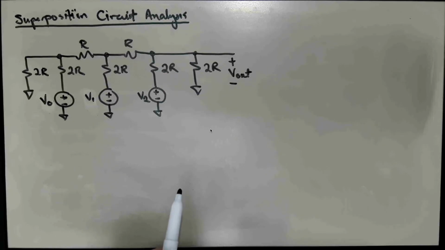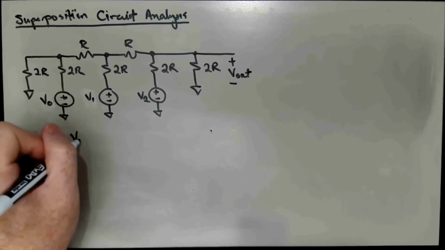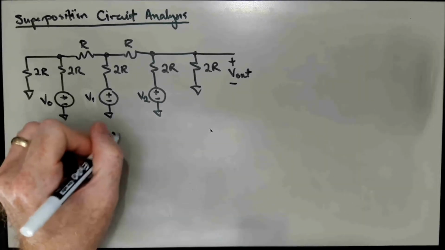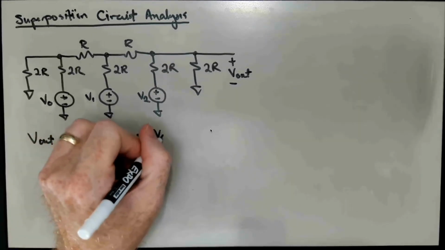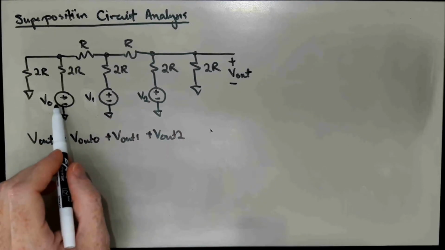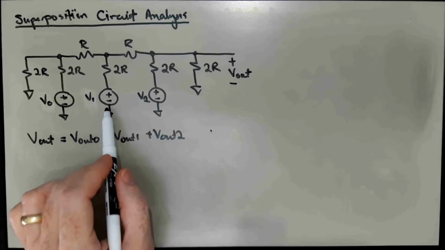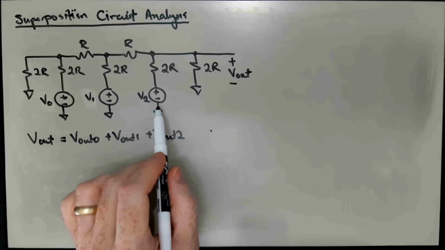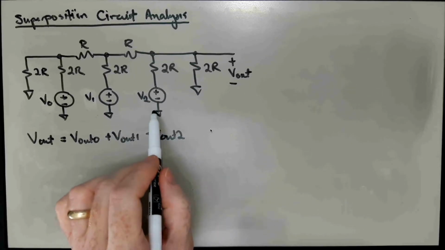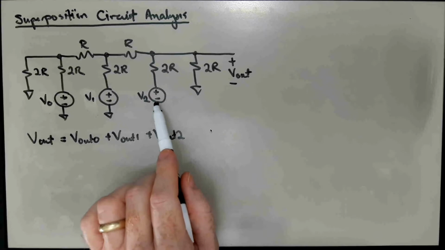So we're going to say that Vout is equal to Vout 0 plus Vout 1 plus Vout 2, where Vout 0 is the component of Vout due to V0. Vout 1 is the component of Vout due to V1, and Vout 2 is the component of Vout due to V2.